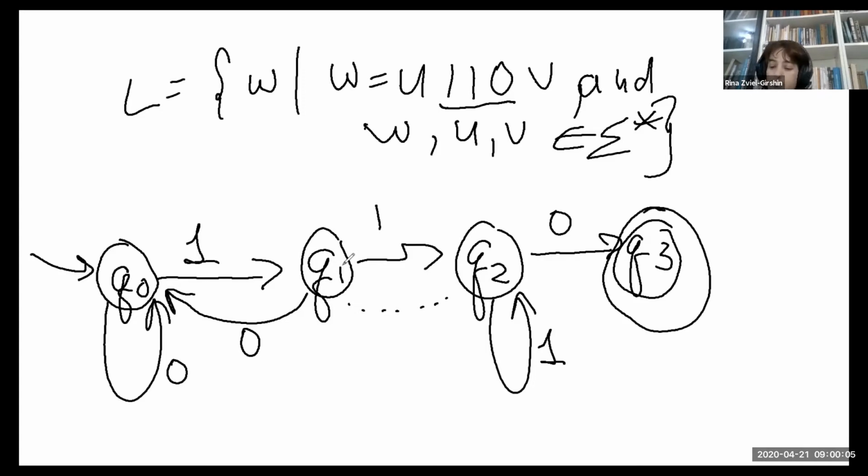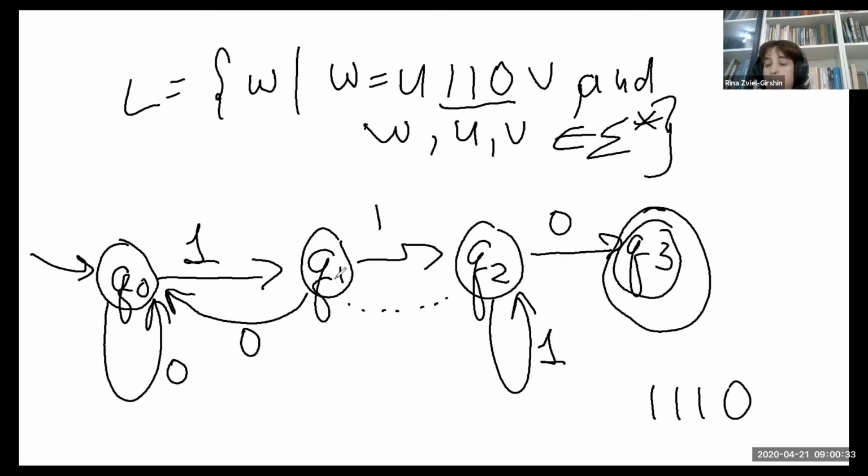For example, if I would draw the arrow from Q2 to Q1, then the word 1, 1, 1, 0 won't be accepted, because on the first one, I will move from Q0 to Q1, the second one from Q1 to Q2, the third one I would move from Q2 to Q1.